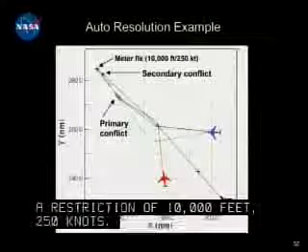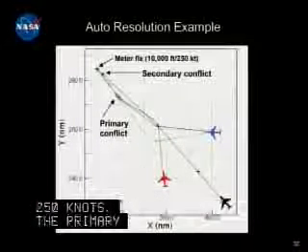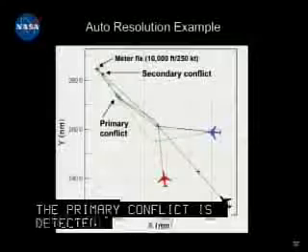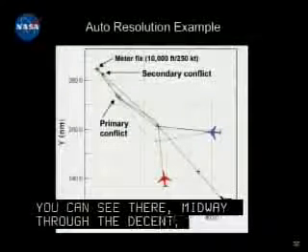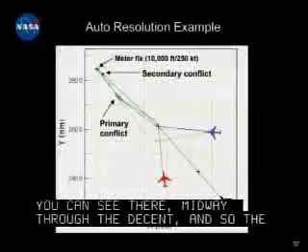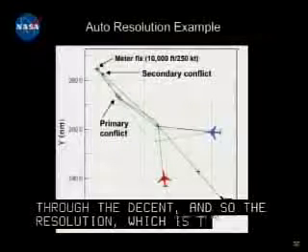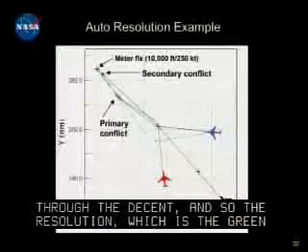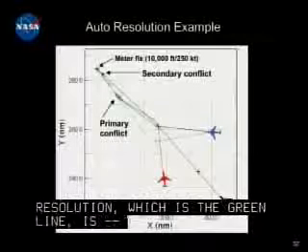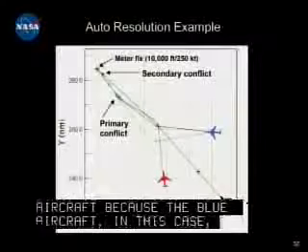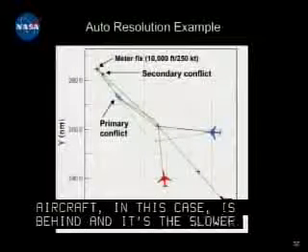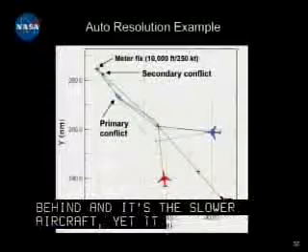The primary conflict is detected midway through the descent. And so the resolution, which is the green line, picks the blue aircraft because the blue aircraft in this case is behind and it's the slower aircraft, yet it detects a secondary conflict with the black aircraft.